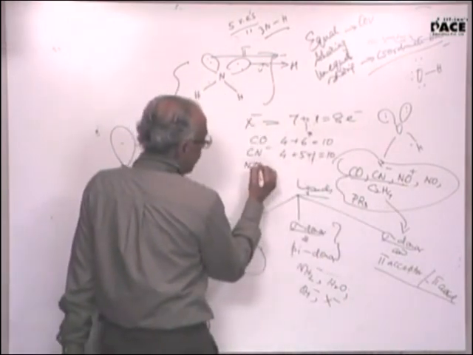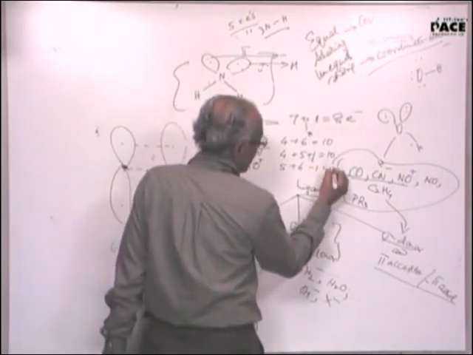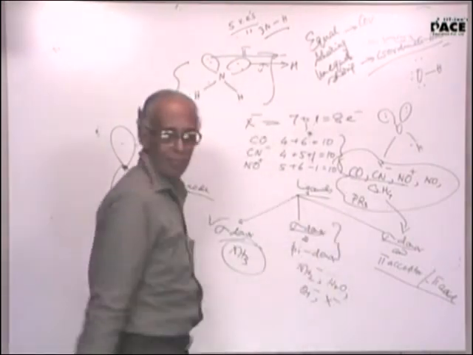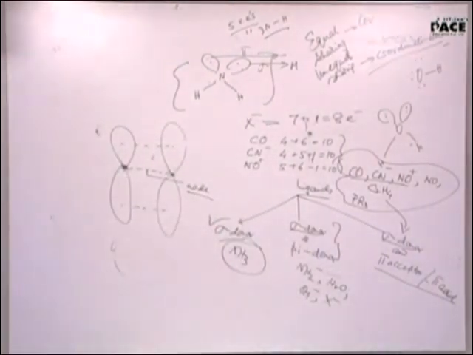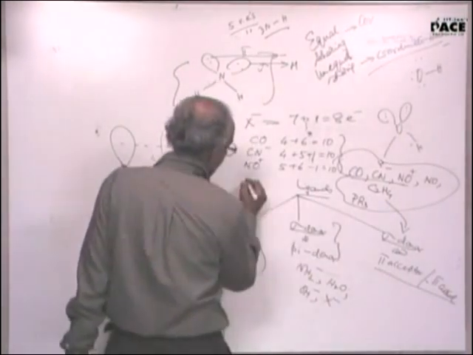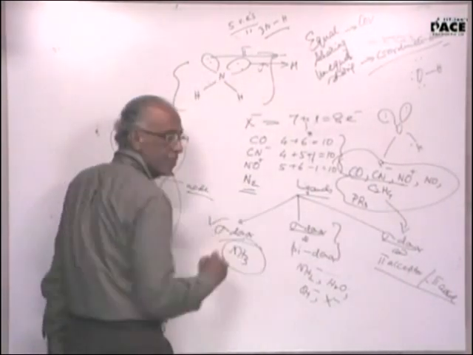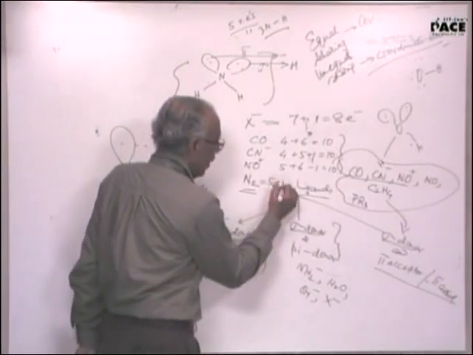NO plus: 5 plus 6 minus 1, 10. All of them have the same number of valence electrons, so they are isoelectronic. They are isoelectronic to what? To nitrogen, which is 5 plus 5, giving 10.